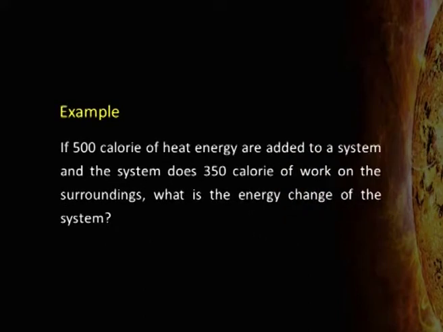Let us practice another example related to first law of thermodynamics. If 500 calories of heat energy are added to a system and the system does 350 calories of work on the surroundings, what is the energy change of the system?